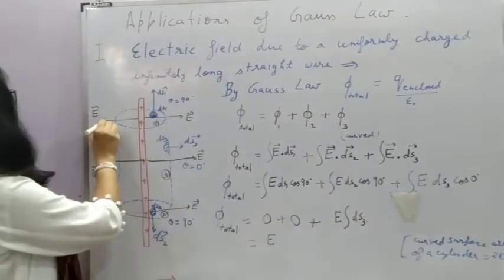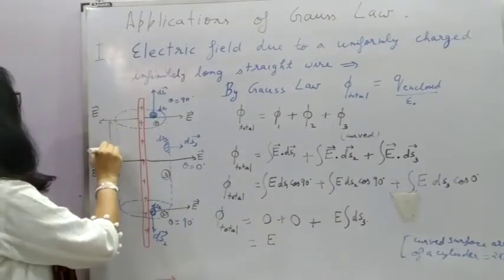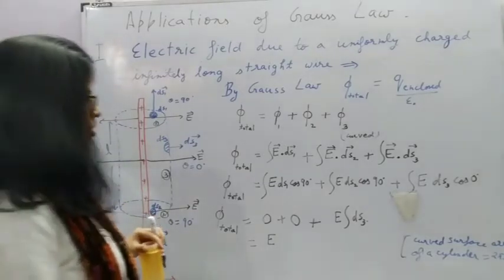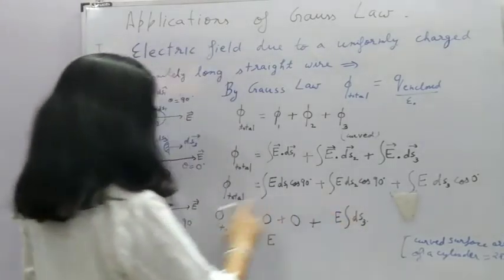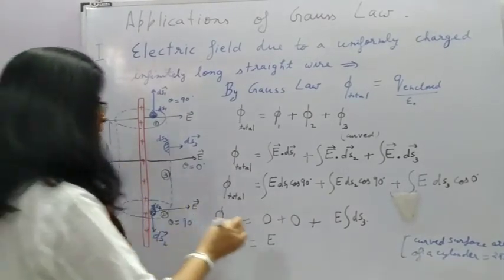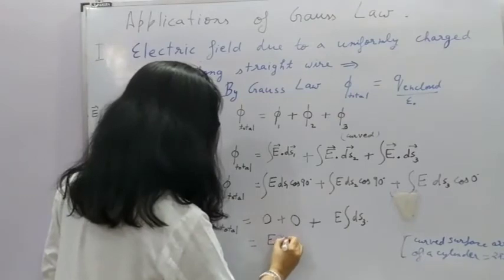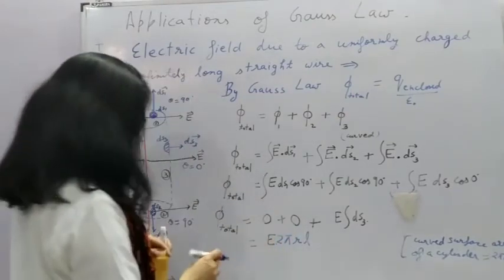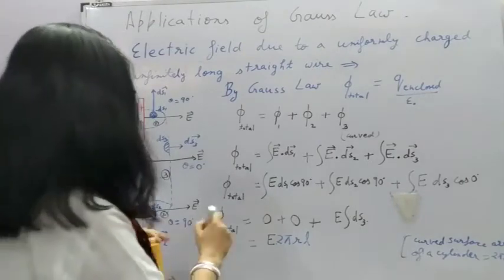In this case, we have taken L as the length of this cylinder, so the integral of ds3 is the total curved surface area, 2 pi R L. So this gives us the total flux.